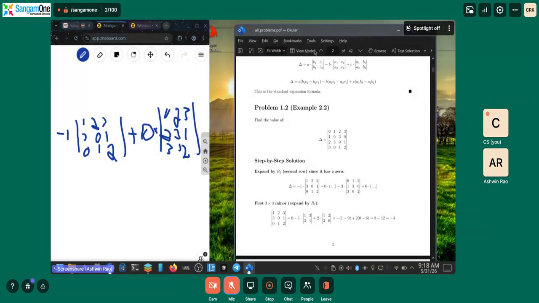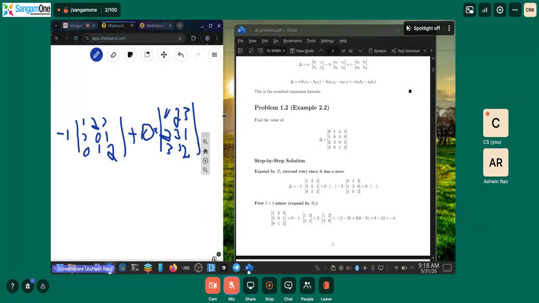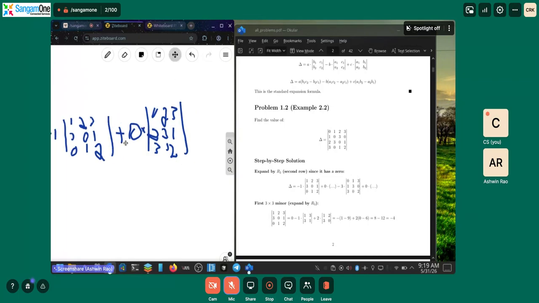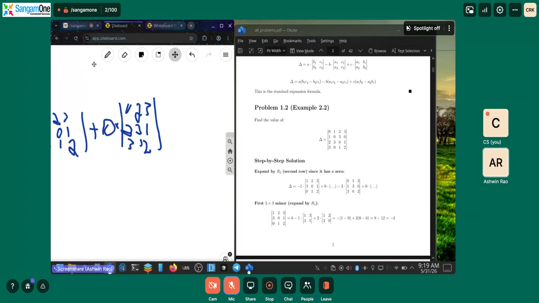Then moving on to third row, we'll get -3.